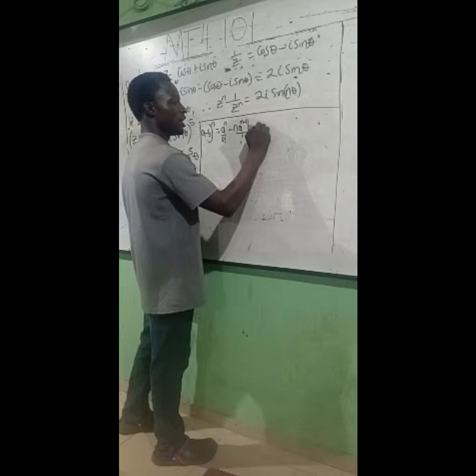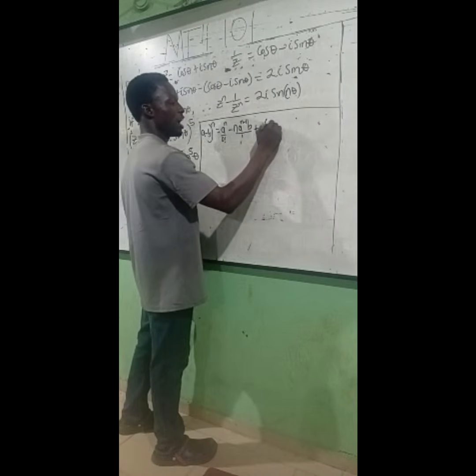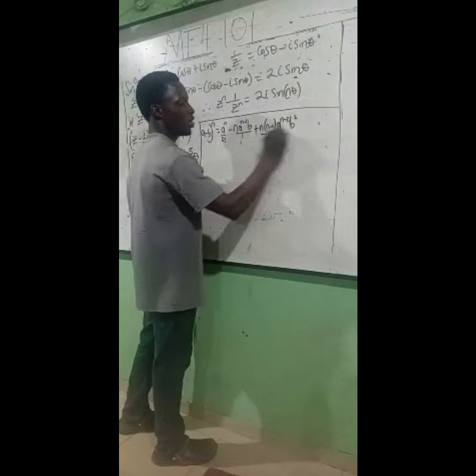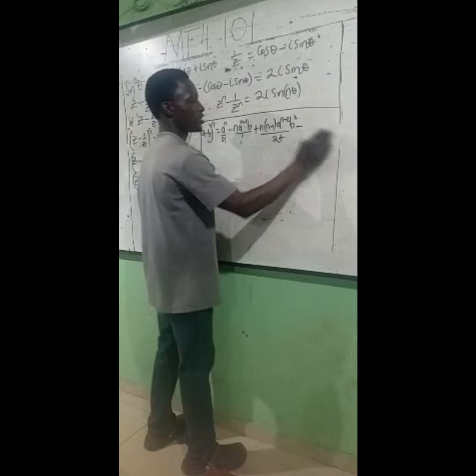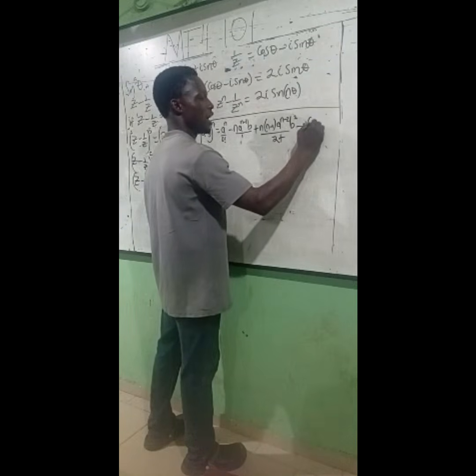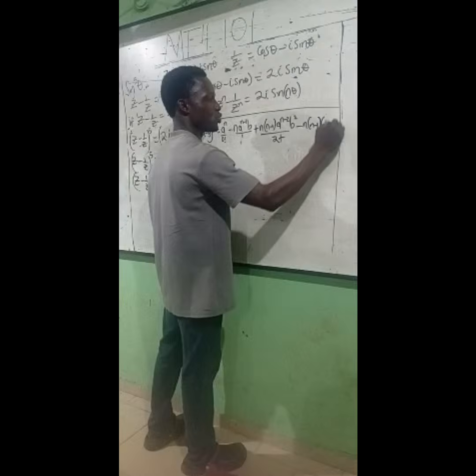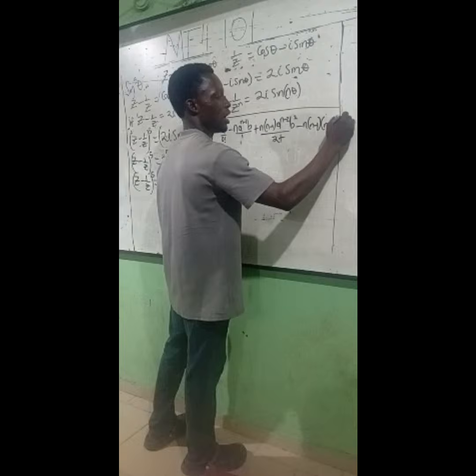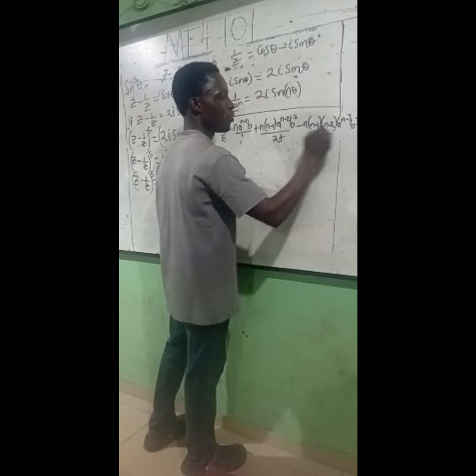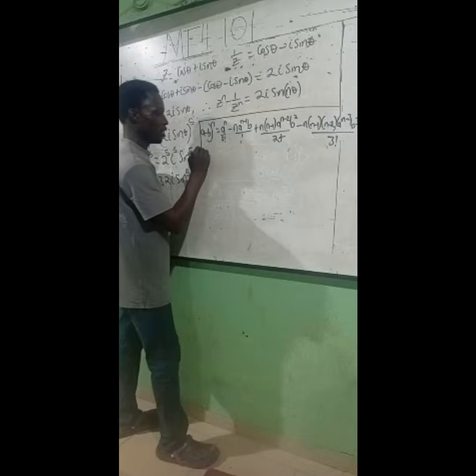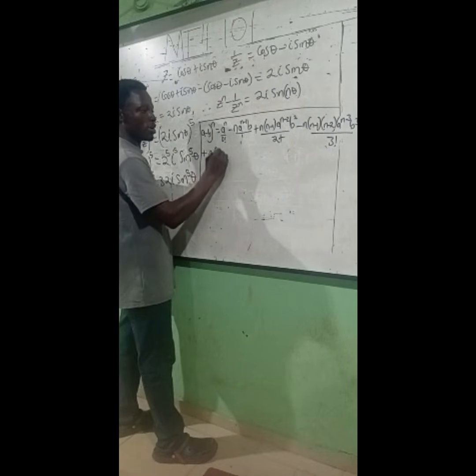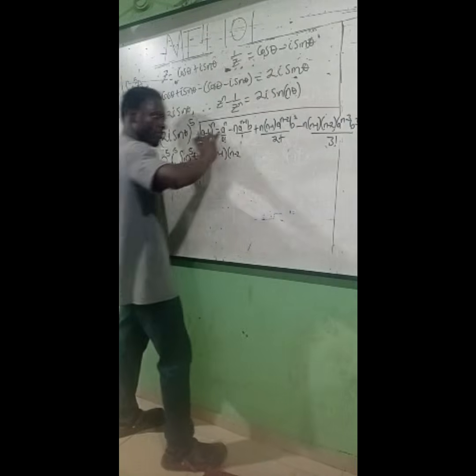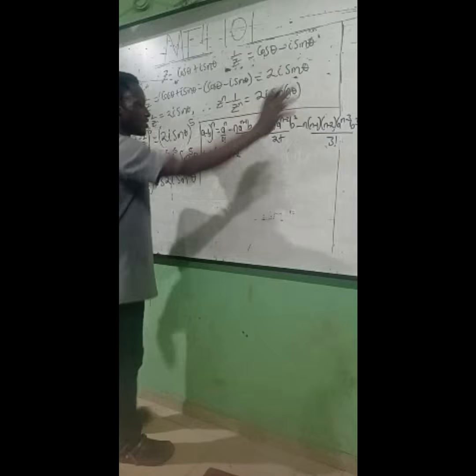Then here we have n into n minus 1, a raised to power n minus 2, b squared over 2 factorial, minus n into n minus 1, n minus 2, a raised to power n minus 3, b cubed over 3 factorial. You don't need this in what you are writing. This is the formula for binomial. I want to apply it. You don't have to write it in the solution.